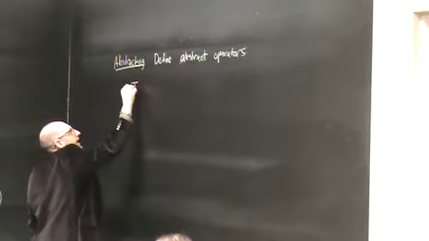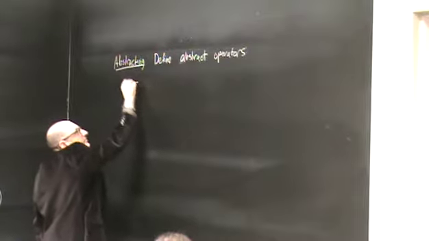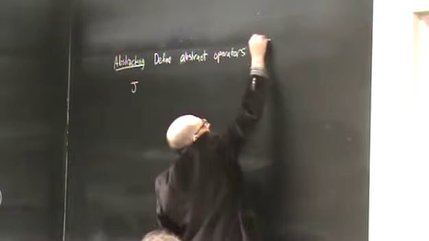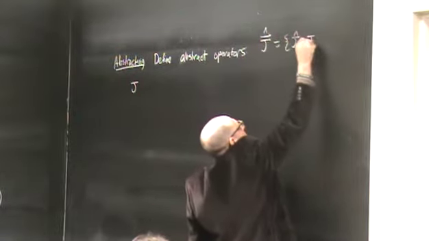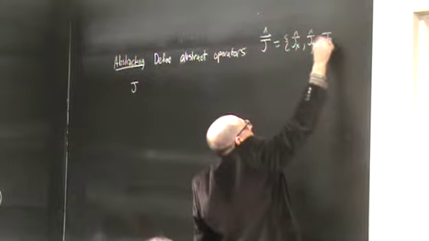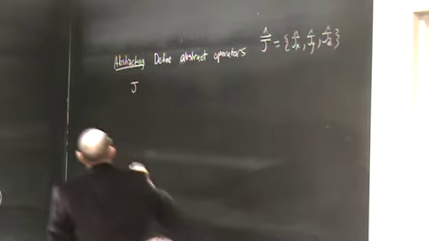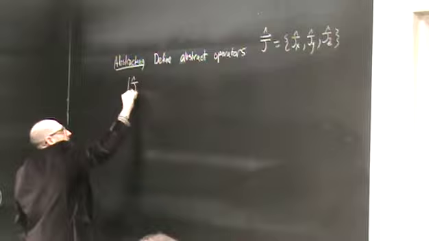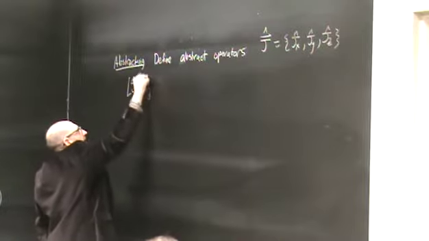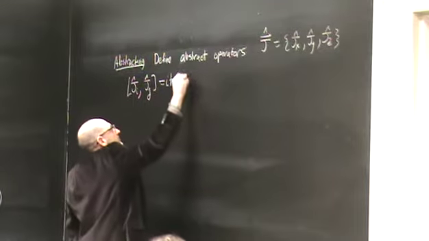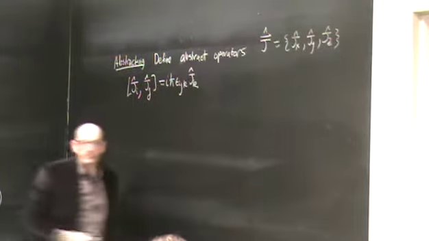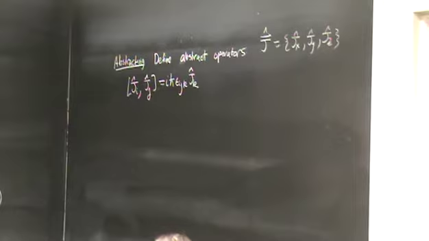I'll call them J, which satisfy the Lie algebra that we wrote down there. Okay.